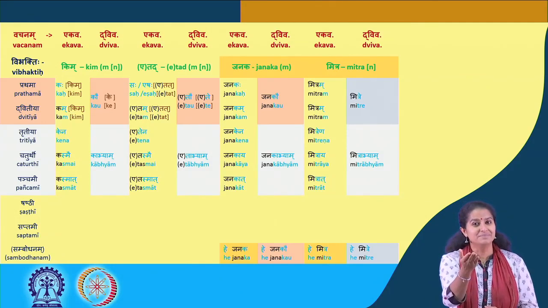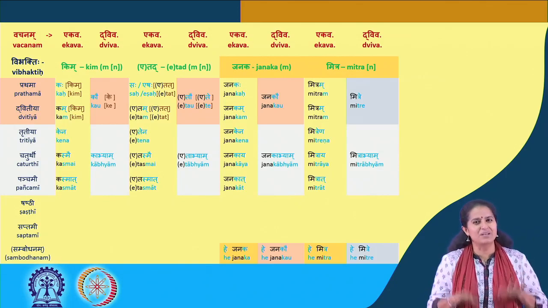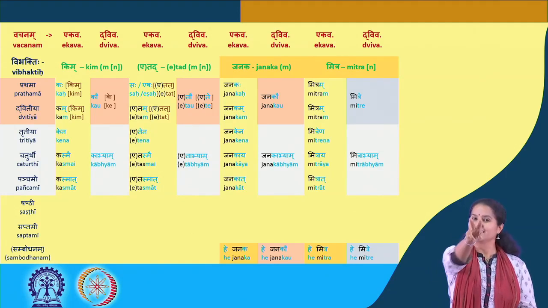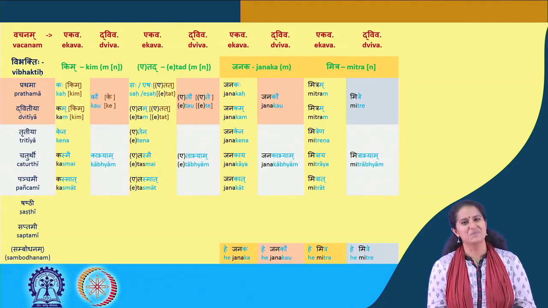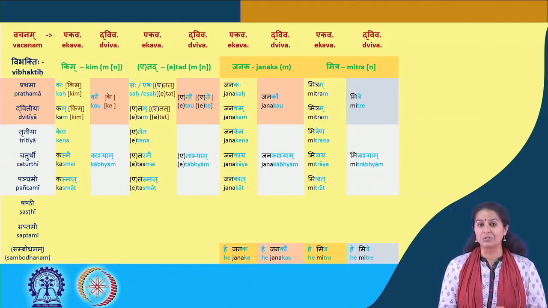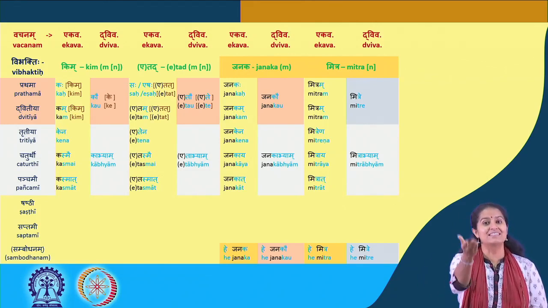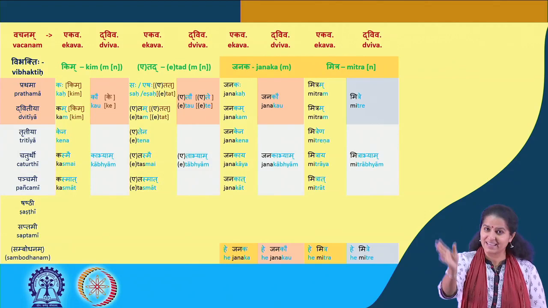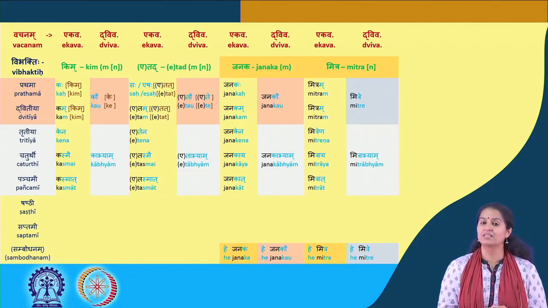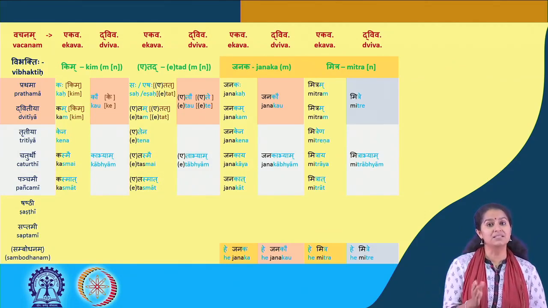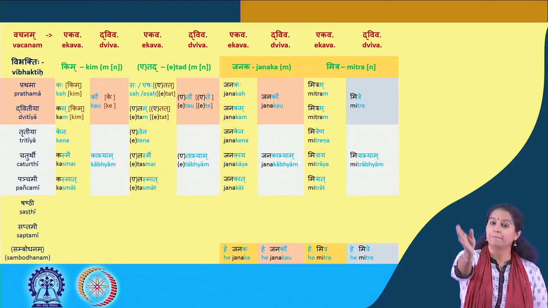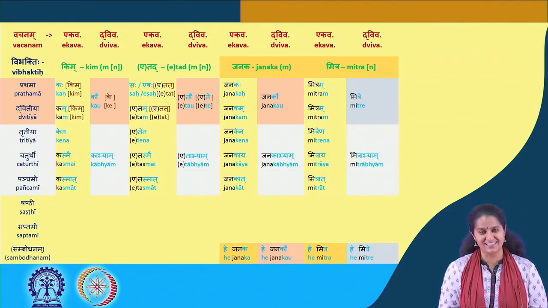In the dual, so ke pashyati, and the answer is te mitre pashyati. Uttamam. Moving on to the third, fourth and fifth cases. So, just like the masculine, so kena gachati, answer in the singular, tena gachati. If it's in the dual, kabhyam gachati, tabhyam mitrabhyam gachati.